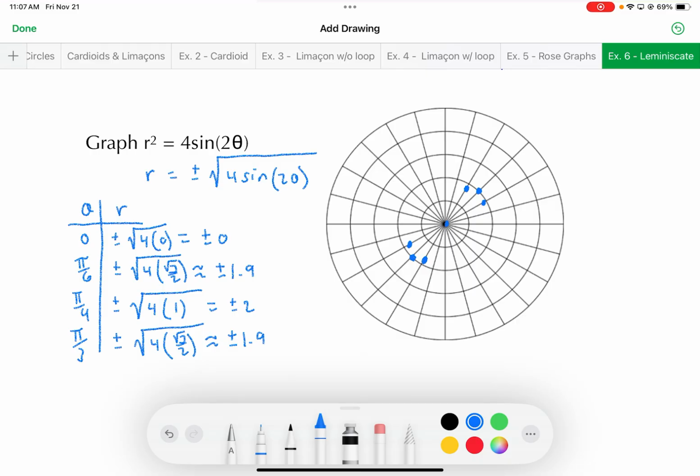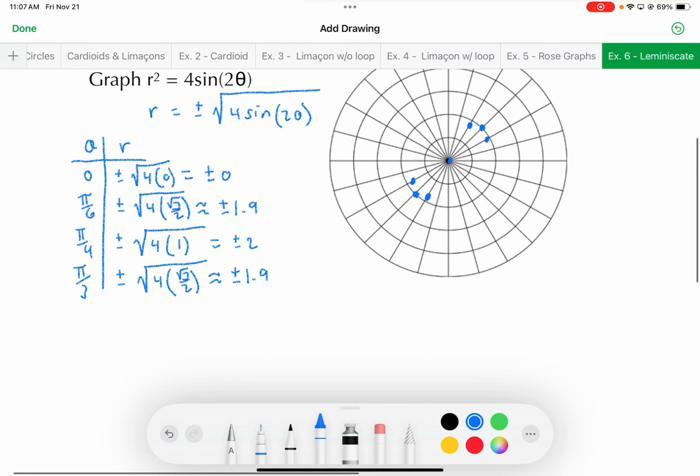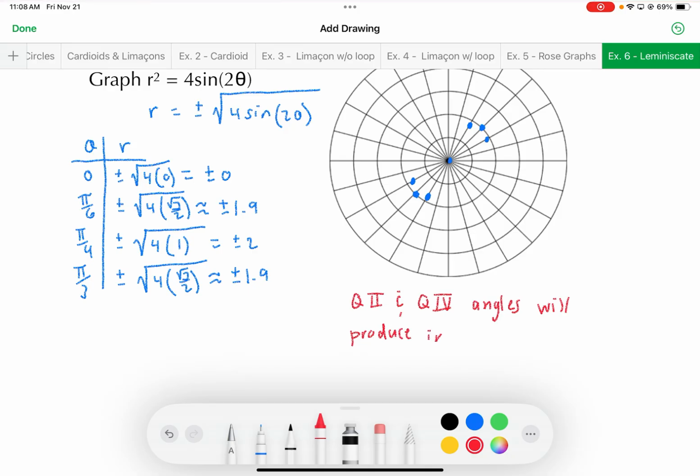Okay, now here's the key. We'll just write this out real quickly. Quadrant 2 and quadrant 4 angles, if you try to use those, they will produce imaginary results.